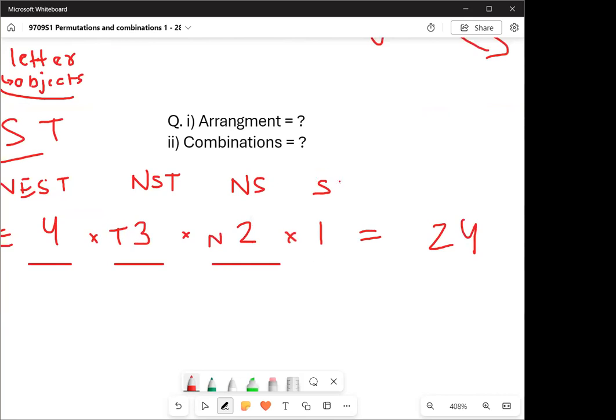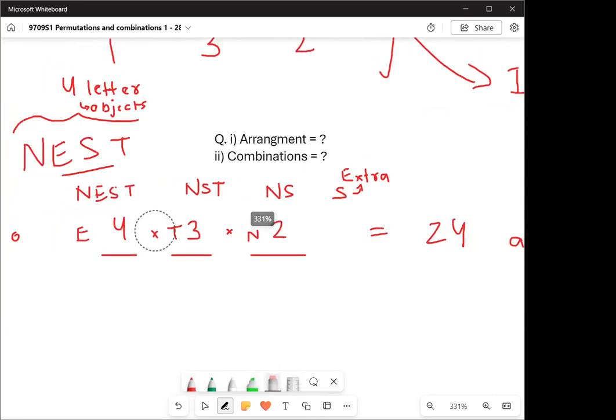This s is extra. If I chose e, t, and n, this one letter which is left at the end is extra. Clear? So I don't multiply by 1 here. That would not make a difference, but it would make a difference afterwards.